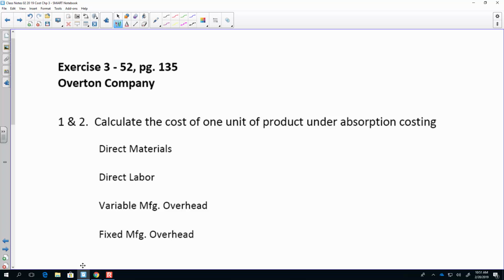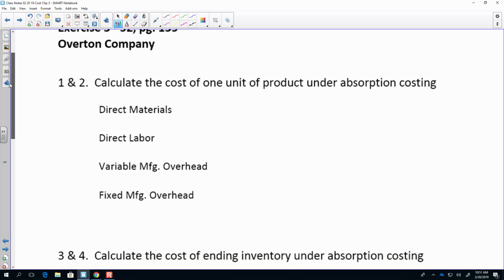Now we have cost predictions for all four. And our first task is to calculate the unit cost for each of these four costs. And then from that, come up with a cost per unit under the absorption method. So here we go. It requires a little more work than usual, right?